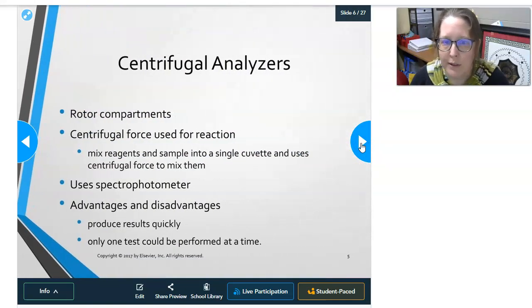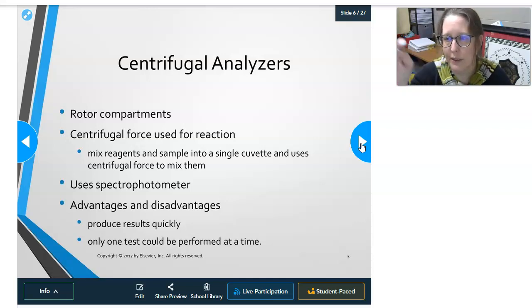Now, centrifugal analyzers have a rotor compartment, so something that spins, right? And centrifugal force is used for the reaction. So it mixes the reagent and sample in one cuvette, and then it uses centrifugal force to mix them. The one I can think of is the Piccolo, which has a cartridge.